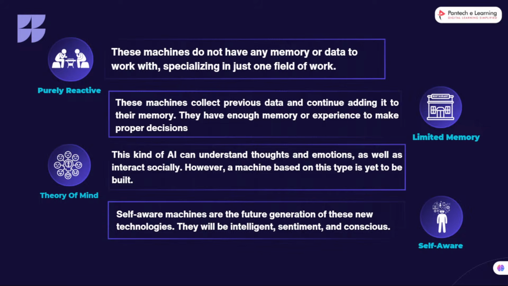The theory of mind is this kind of AI that can understand thoughts and emotions. This is represented by a very familiar application, Snapchat. Everyone uses Snapchat, right? Snapchat has varieties of filters: beauty filters, funny filters, ghost filters. Now Snapchat also has some varieties of games.